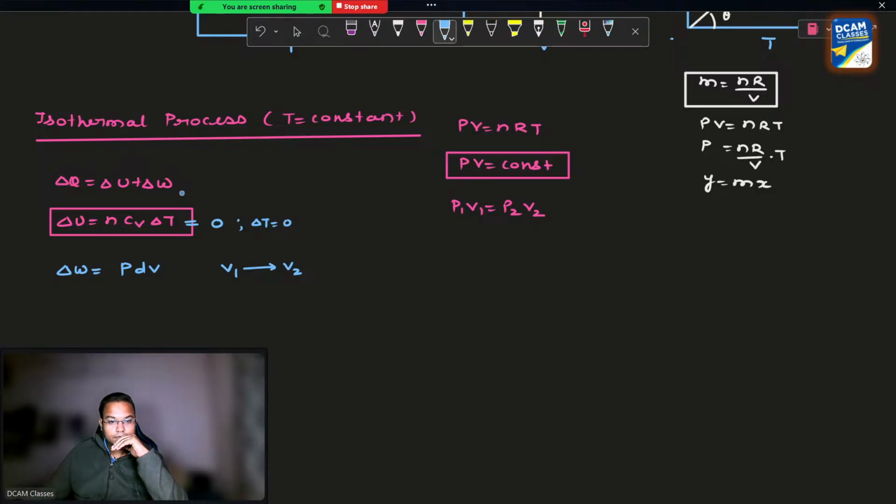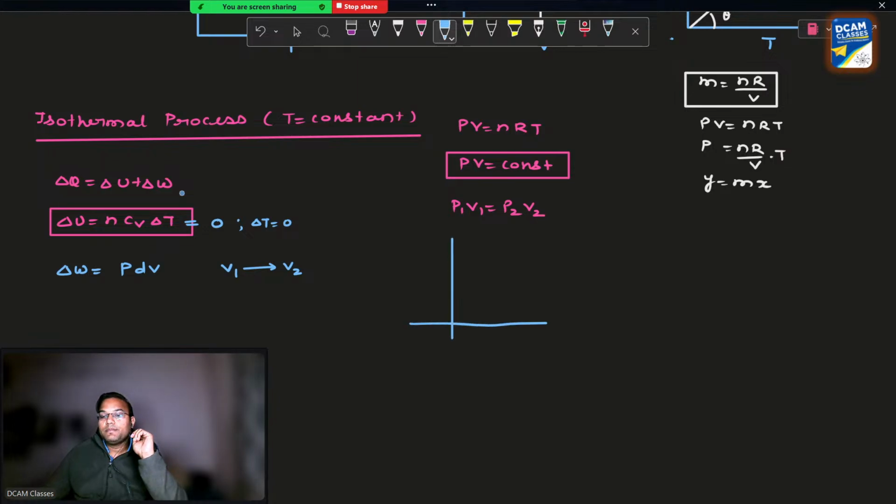P into V2 minus V1. Wrong. You cannot just take P constant, because P is not constant now. Let me show you.